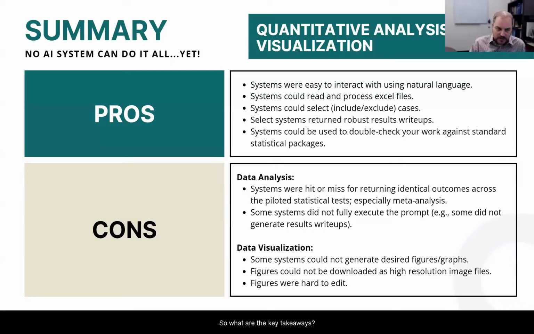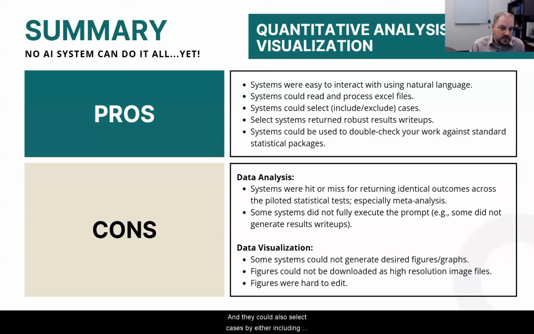So what are the key takeaways? Here are some key points regarding the pros. These systems were able to generate useful outcomes that were mostly accurate for some of the systems. The systems were easy to interact with because of the natural language component, and they were able to read and process Excel files in natural language as well.